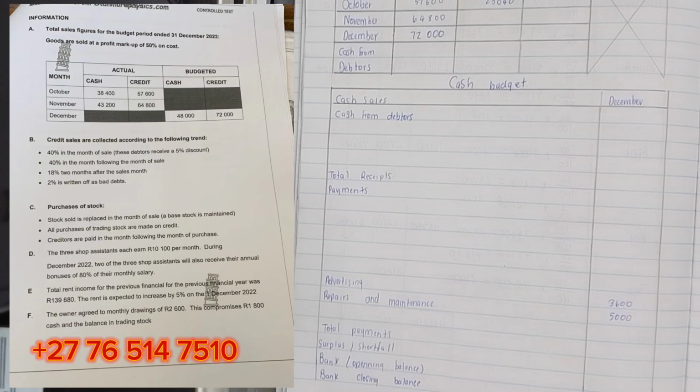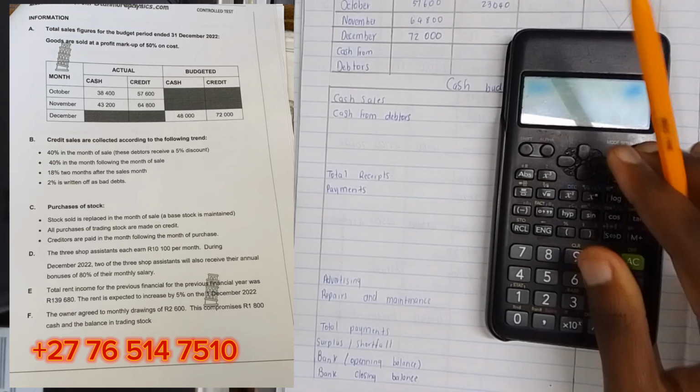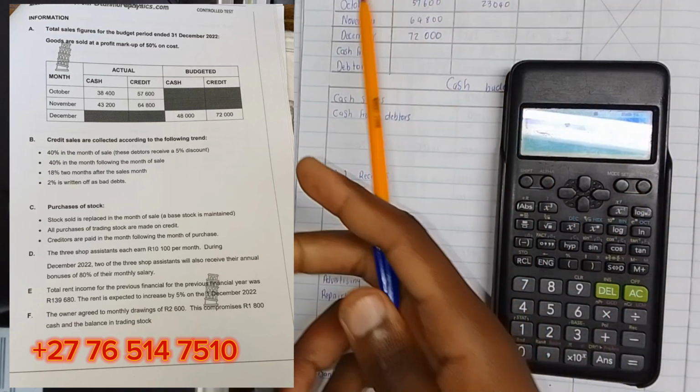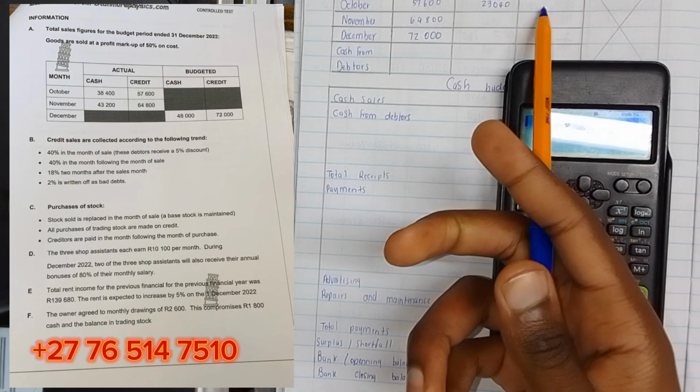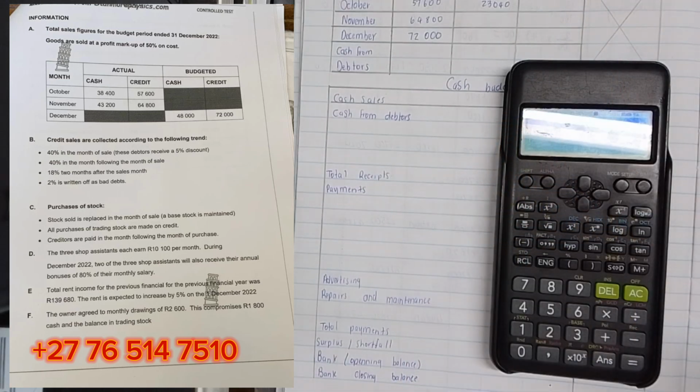Find my calculator. So we are told that 2 months after the sale is 18%.